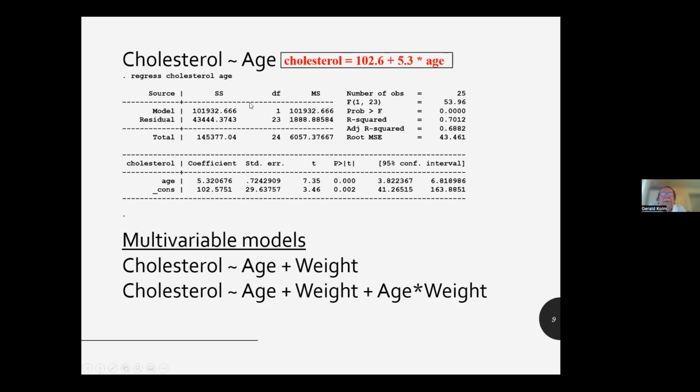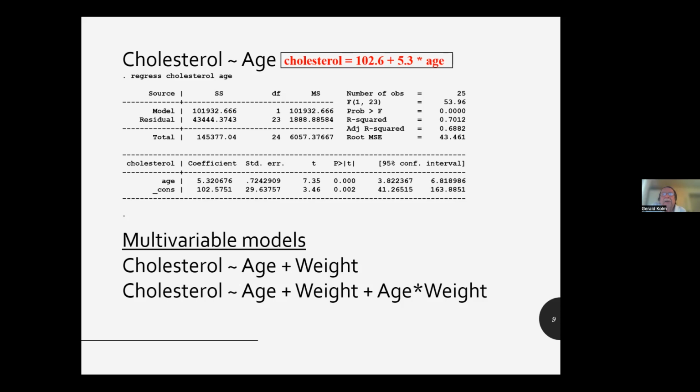And if we divide the sum of squares by the degrees of freedom, we get what's called a mean square, in other words, an average sum of squares. And if we look at the model mean square divided by the residual mean square, we get an F statistic, which, if you recall, is one of the theoretical distributions in hypothesis testing. An F distribution actually has two sets of degrees of freedom, one for the model and one for the residual.